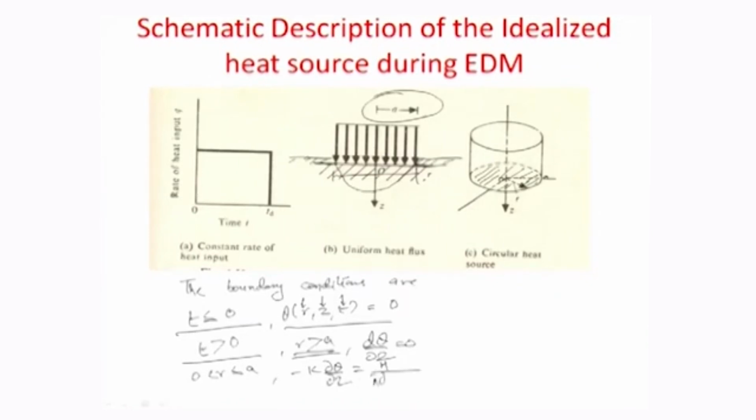So, it is basically the heat rate coming into the area per unit time. So, it is the flux rate pi s square times the time of discharge Td.